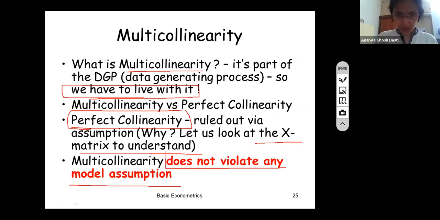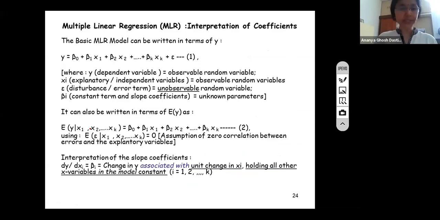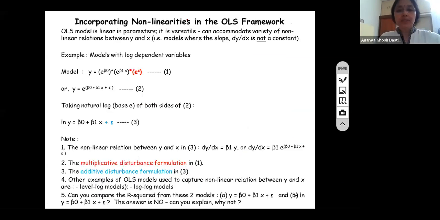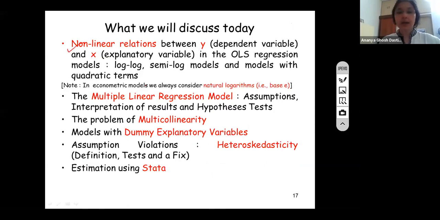So to take you back to our talking points, we looked at nonlinear relations. We'll come back to models with quadratic terms in a little bit. We have looked at interpretation of results in the multiple linear regression model. We looked at assumptions.